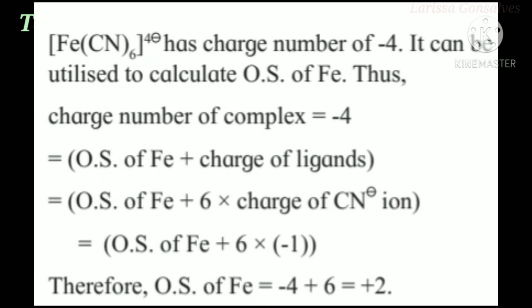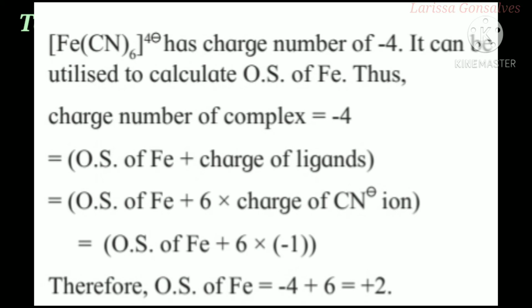Since we are calculating the oxidation state of Fe, we will write it this way: OS of Fe, plus there are 6 ligands, so 6, and the charge which is present on CN, that is -1. So it will be 6 into -1, is equal to the net charge -4. So the next step will be OS of Fe - 6 is equal to -4.